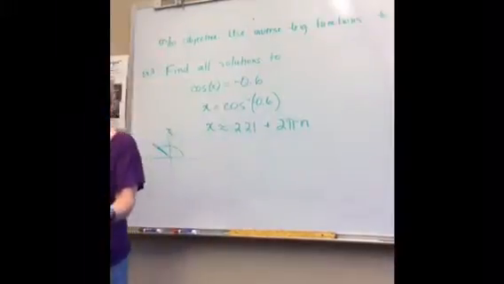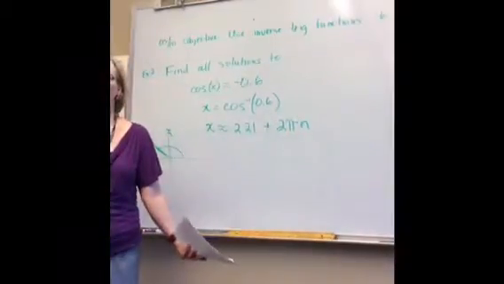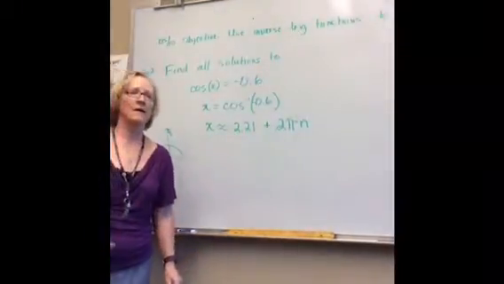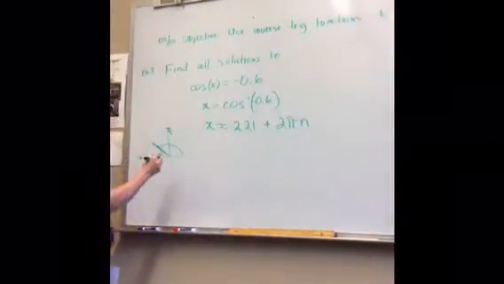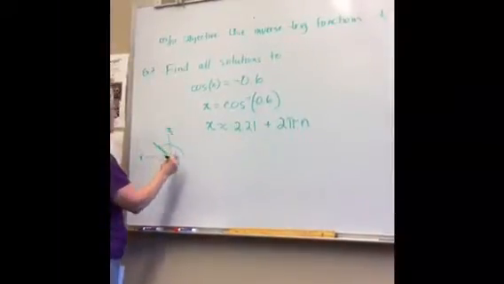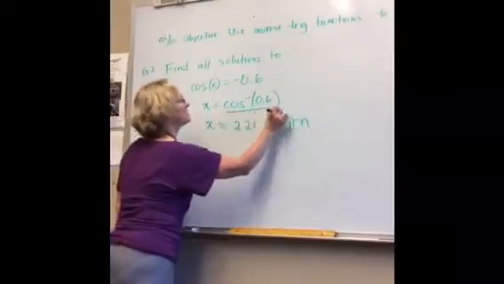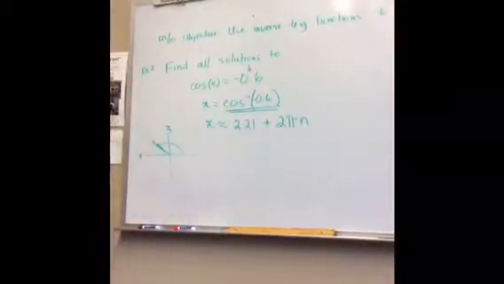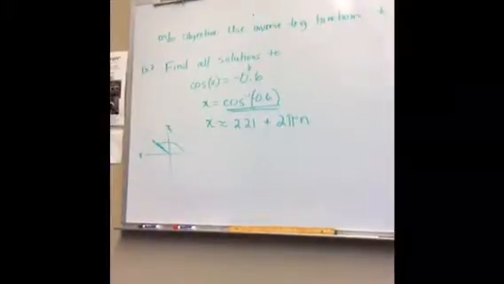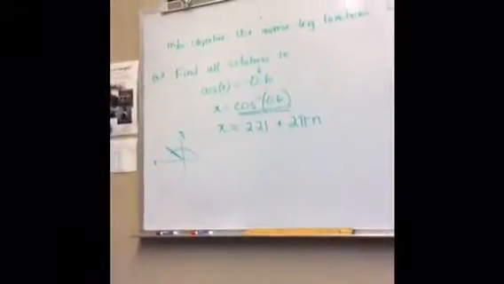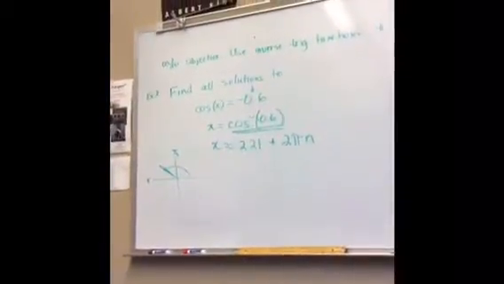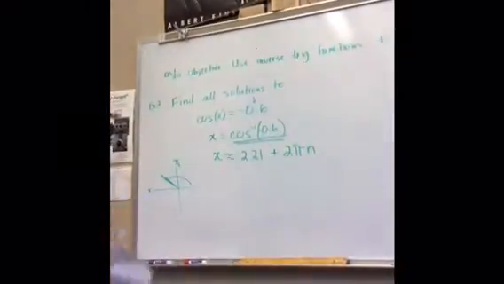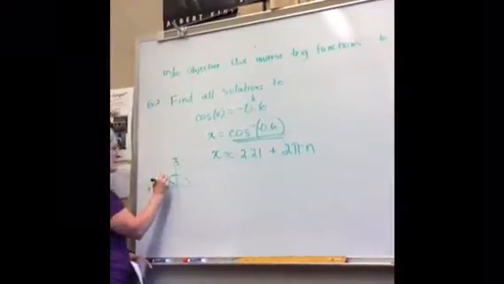But is there another one? Now, which quadrants does the cosine give us an output of a negative? 2 and 3. So when you found 2.21, it was right here.